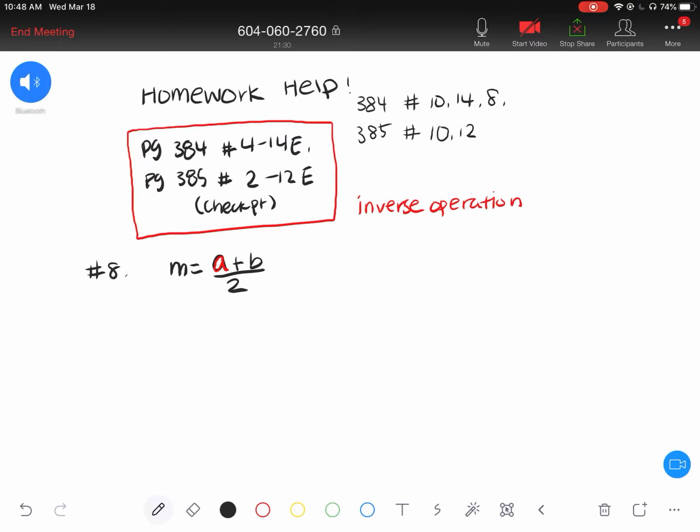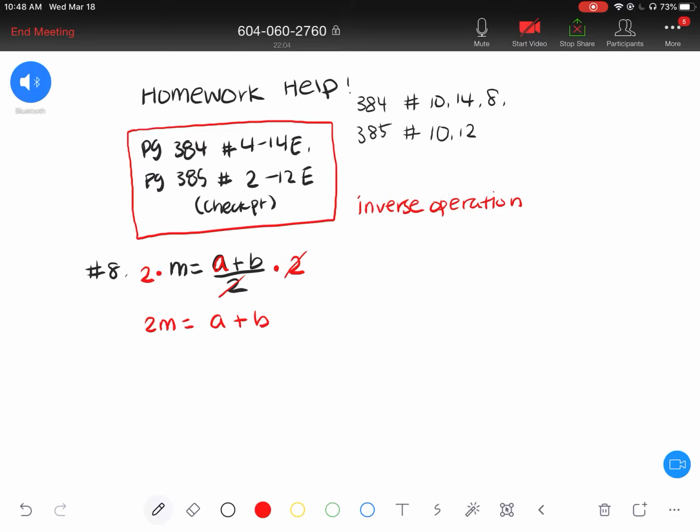So the last thing that you're doing is dividing by 2, so I have to multiply both sides by 2, and that's my first step, undoing. These two cancel, and then I have 2m equals a plus b.